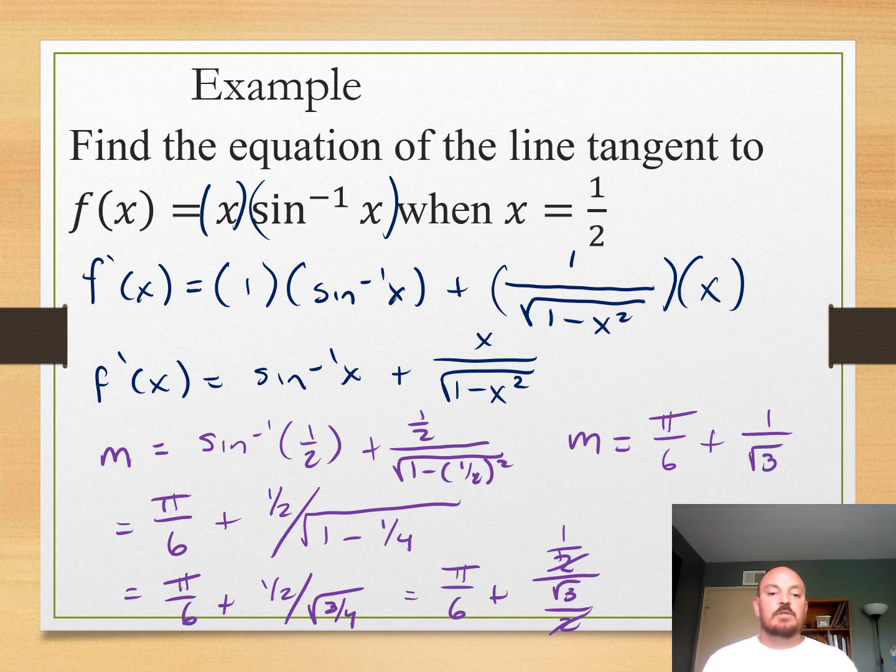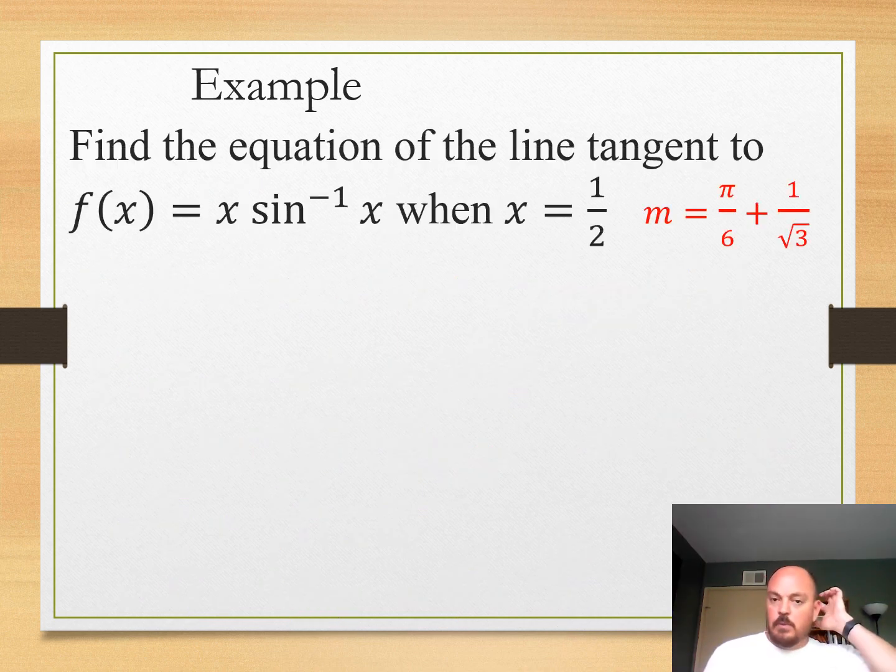All right, so we still have a little bit of work to do. I'm going to clear this. But what I did up there in red is I typed in the slope we just found. So our slope is pi over 6 plus 1 over radical 3. And to finish out the question, what we need is a point to go with it. We need our point x1, y1. Now we know the x value is 1/2.